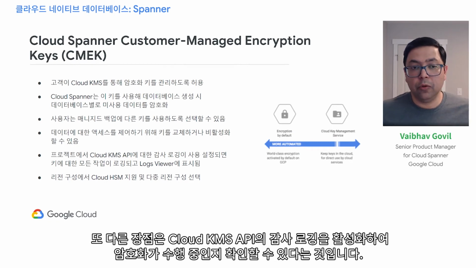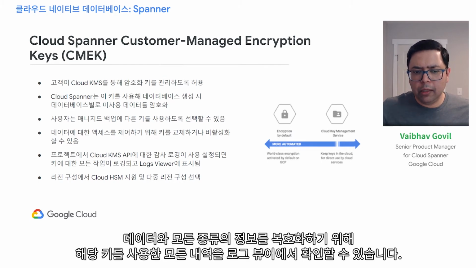The other good thing is you can actually see that the encryption is working by enabling Cloud KMS API audit logging on the Cloud KMS API. And then in the log viewer, you can see all the pings which even Spanner has made when it has to use that key to decrypt the data and all that kind of stuff.